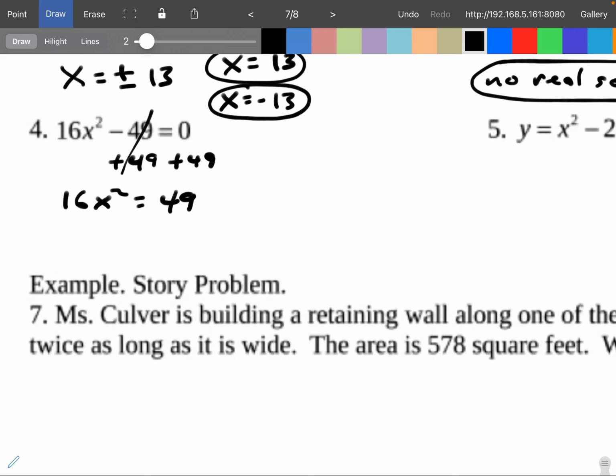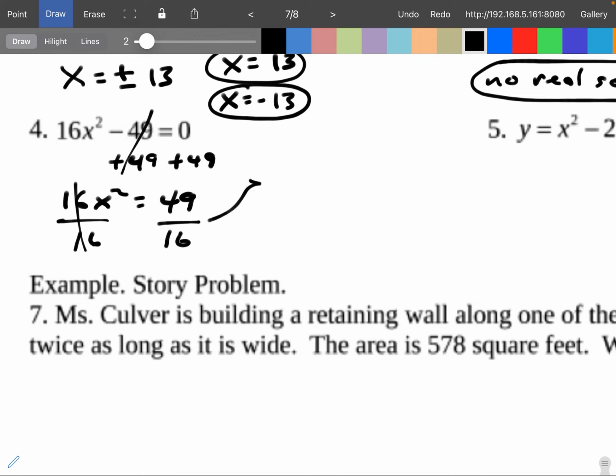Those will cancel out, make 0. So then you got 16x squared equals 0 plus 49 is 49. Now would I finish? Divide. Yes, good. I got to get the x squared by itself. So again, you always want to get the variable squared by itself. So I need to divide both sides by 16.